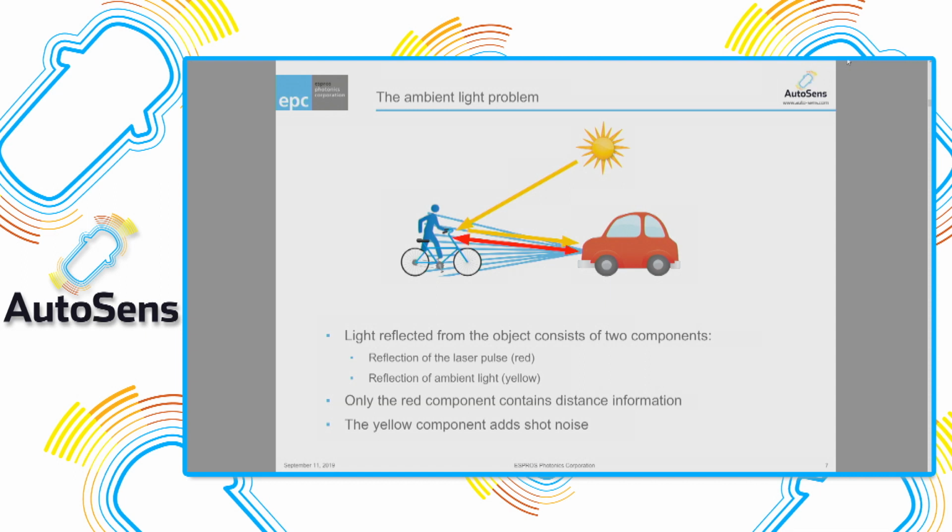But the reflected photons compete with the photons generated by the sun. And when there is full sunlight on the target, then you get a lot of photons back into your receiver. The number of photons is a question of how long you have your shutter open.